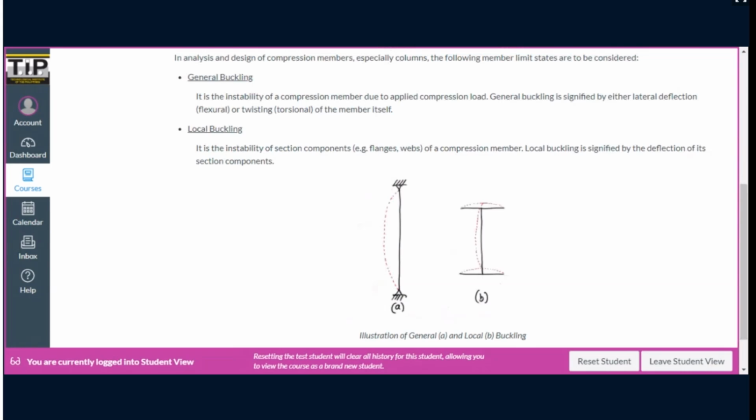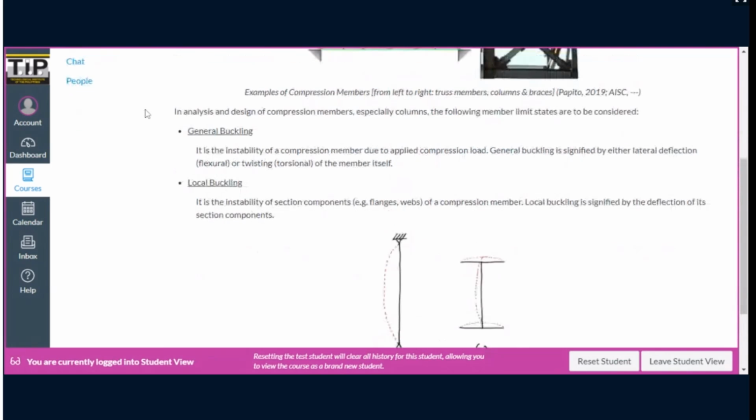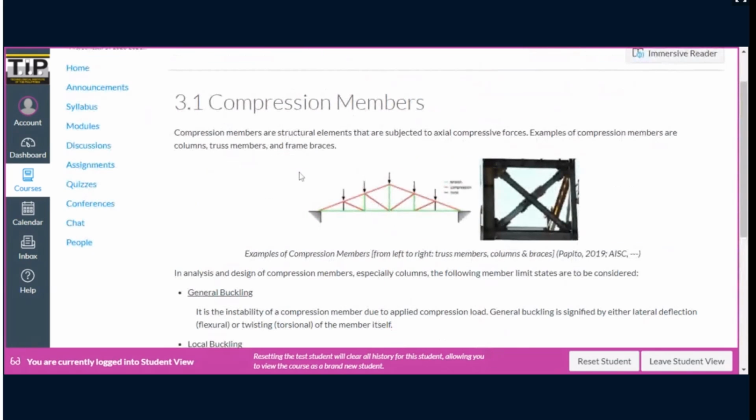Okay. Do you have any questions so far? So I guess none so far. Okay. So again, we have the compression members. We have some examples right here.